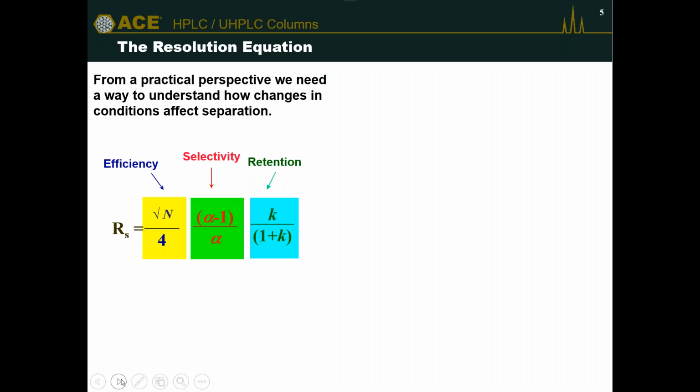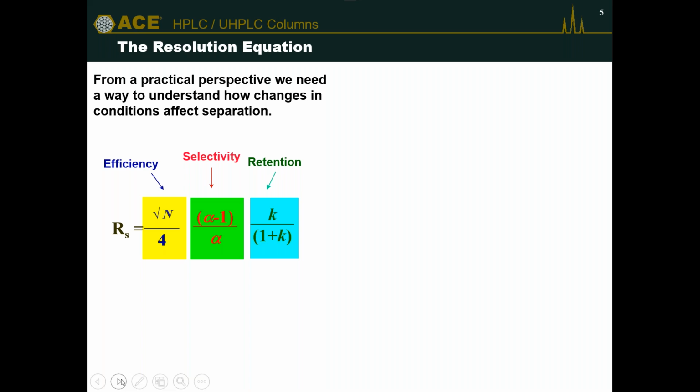If we don't have any retention, the analyte comes out far too early in the chromatogram, and it's very hard for us to get any sort of separation, so resolution, from other analytes in that mixture. We need an efficient system, so we need to ensure we have long columns and small particles to give us sharp, narrow peaks. And we also need selectivity. Selectivity is determined by many factors, which we will explore, one of them being pH.